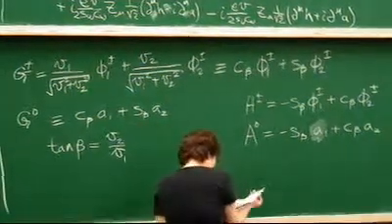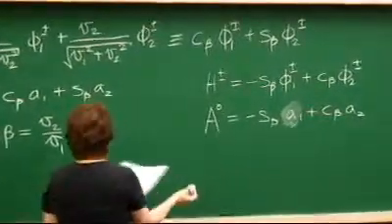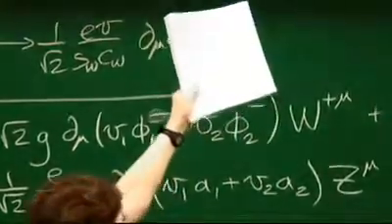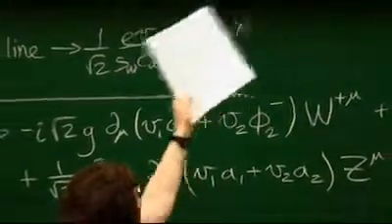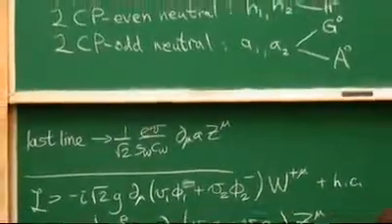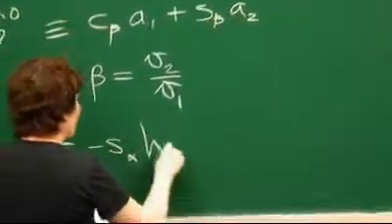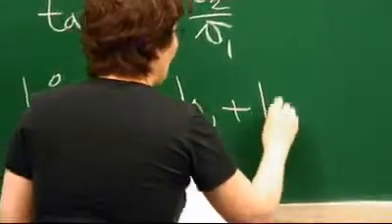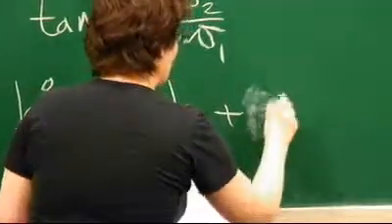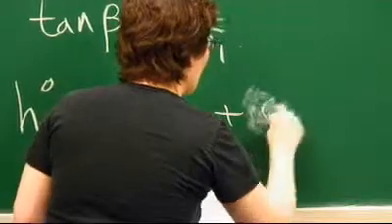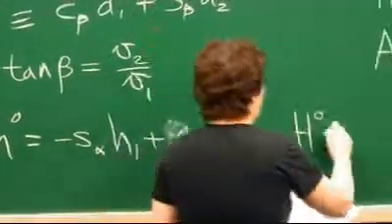And then finally, if CP is conserved, I can just write out the mass eigenstates little h and big H of the CP even neutral states in the following way. And this is just a definition. So I'm defining a new angle alpha, which I haven't said what it is yet, but whoops, C alpha H2. And then big H is the state orthogonal to that.